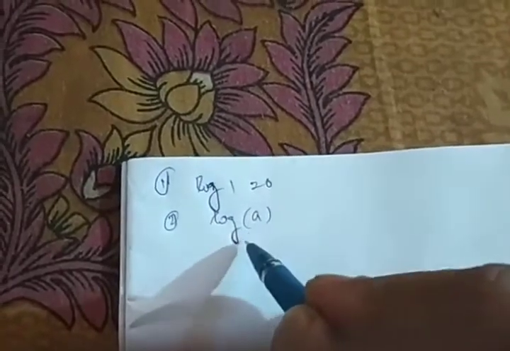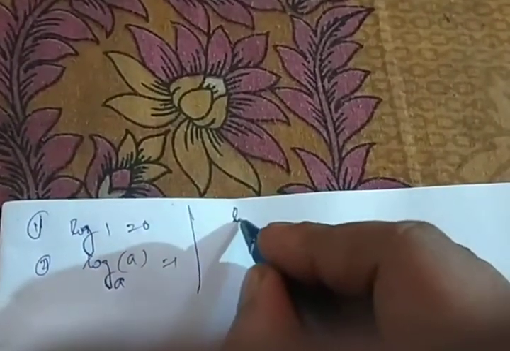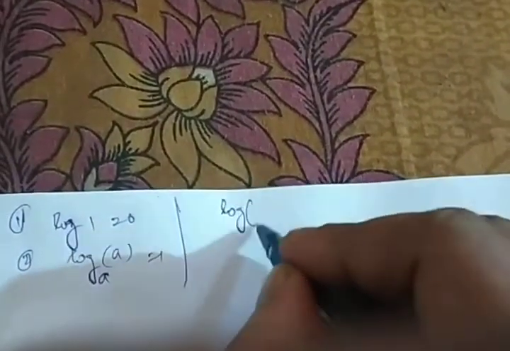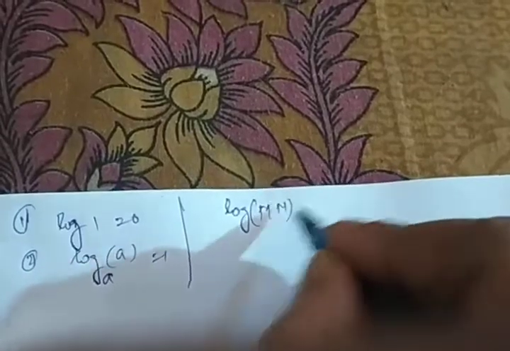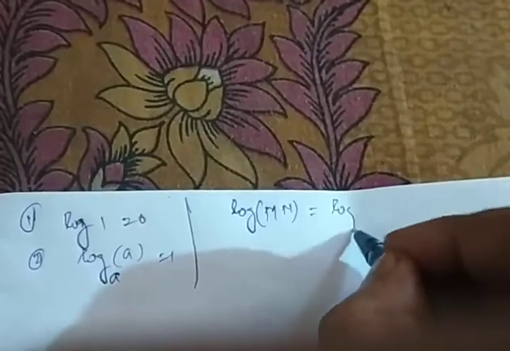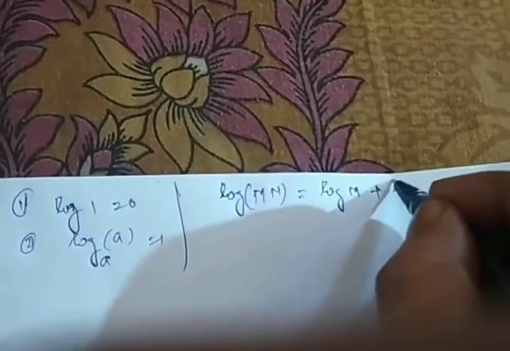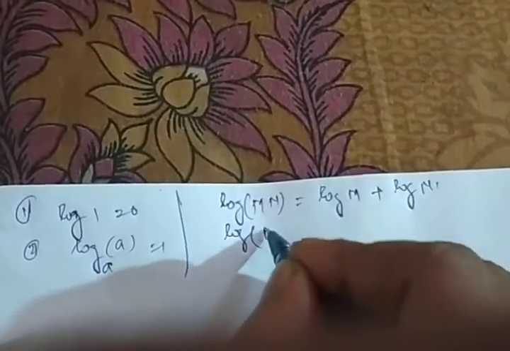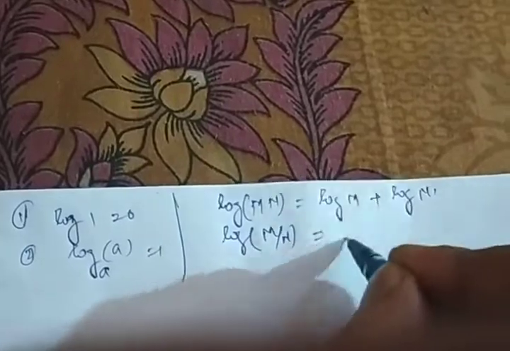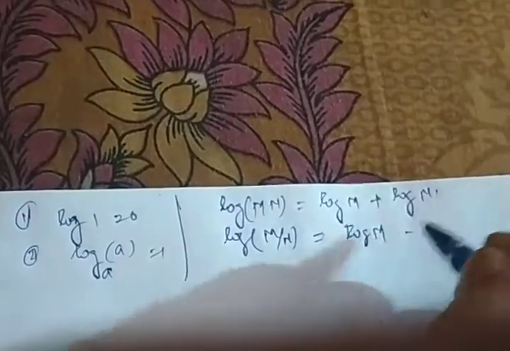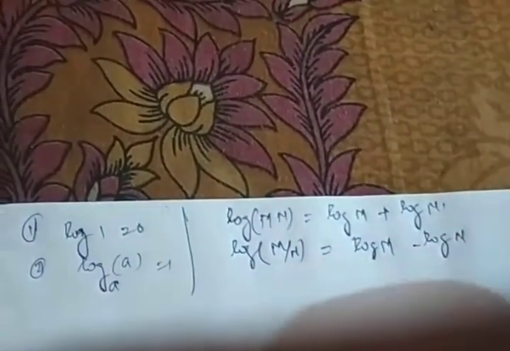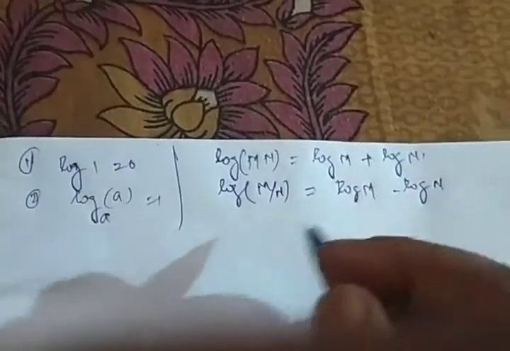Log of a with respect to base a equals to 1. Next, log of multiple formula, log of mn equals to log m plus log of n. Next, log of m by n equals to log of m minus log of n, division formula.